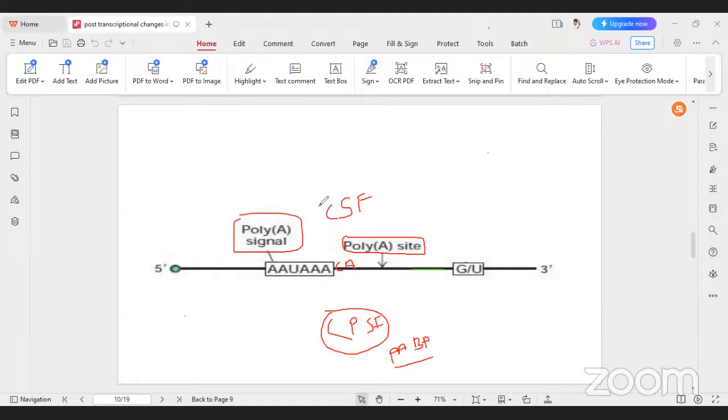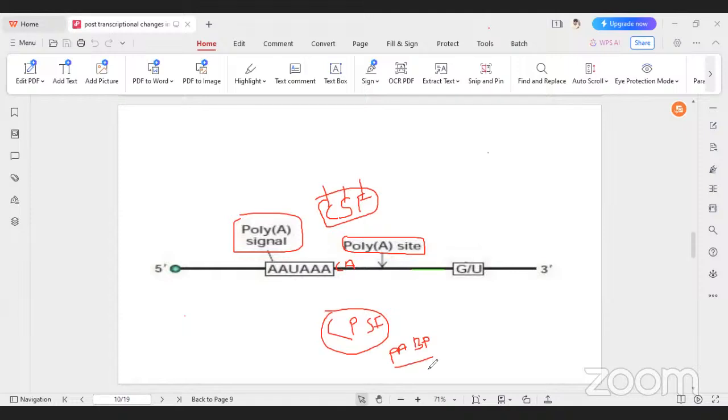First one, CSF, cleavage stimulating factor. Write it down. CPSF, cleavage polyadenine specific factor, and PAPB, polyadenine binding protein.